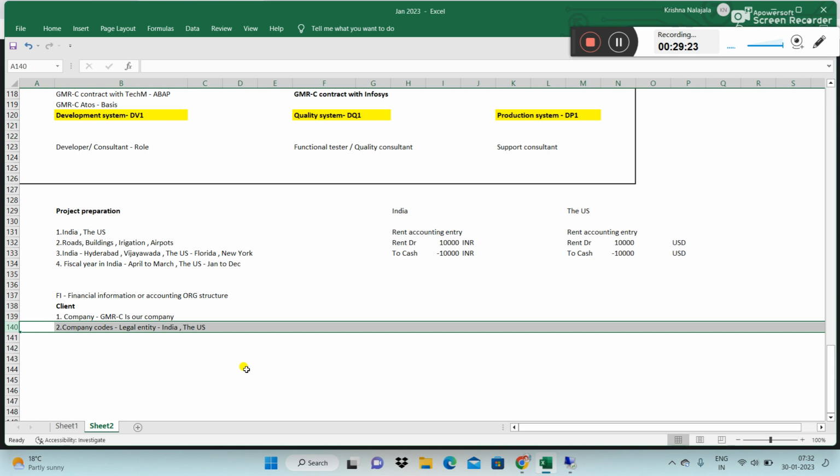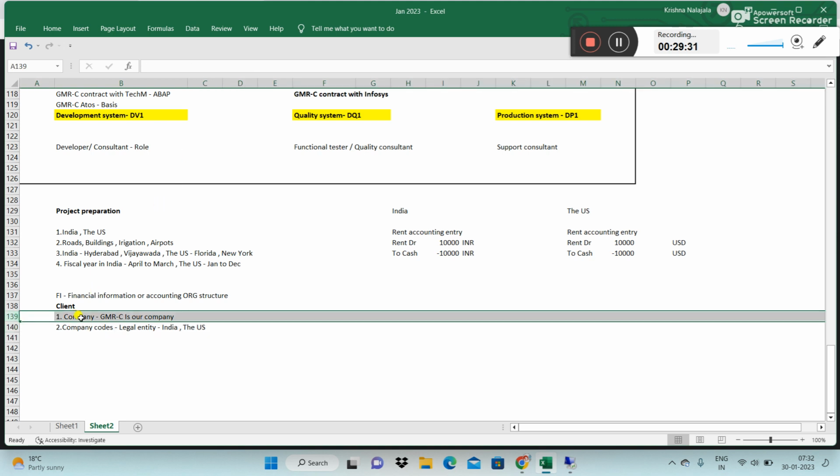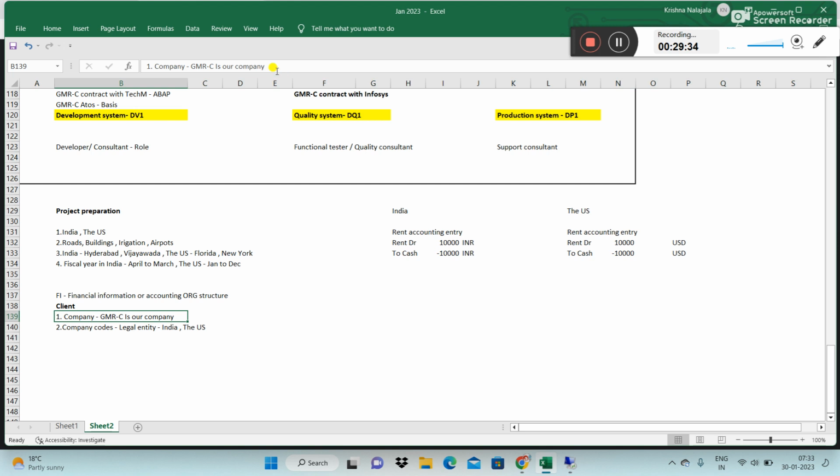Company, in a sense, is for group reporting purposes. We will not record any business transactions under this. GMR Construction we create as a company. Let's say Tata Motors is another example of a company.